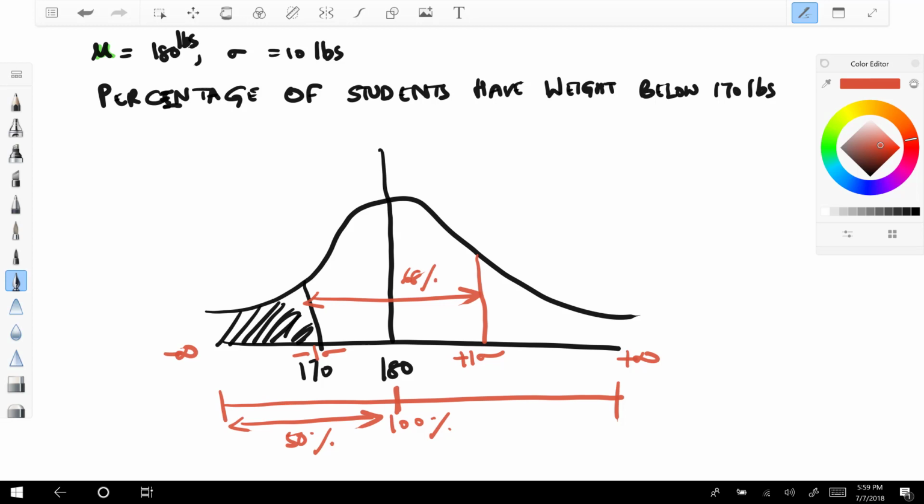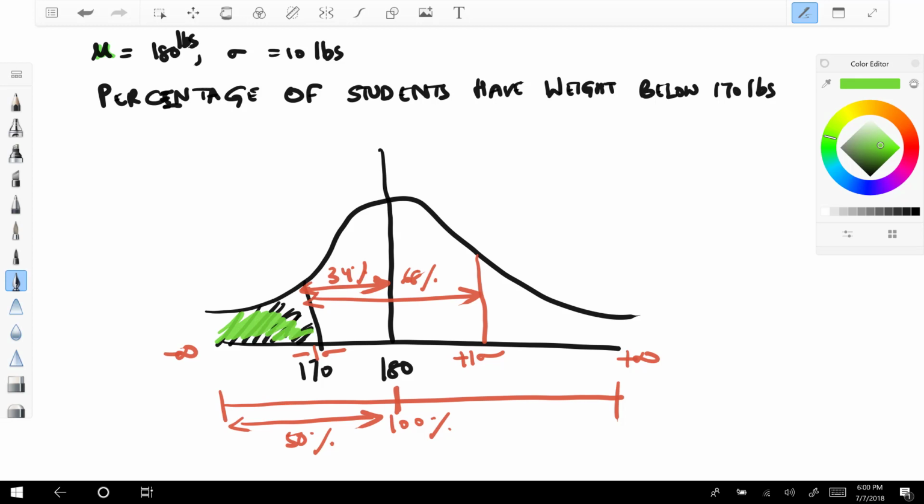That means this half would be 34%. Now, I wanted this area.